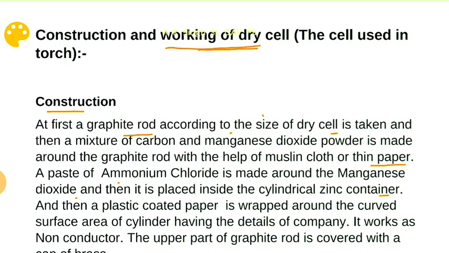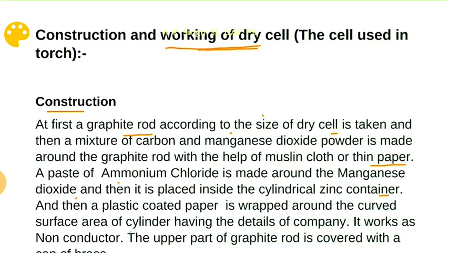When the paste is added in the container, what happens? Excess ammonium chloride is removed itself. Now, the curved surface area of the zinc cylinder is covered with plastic coated paper.